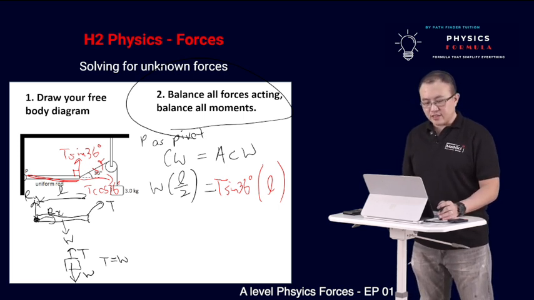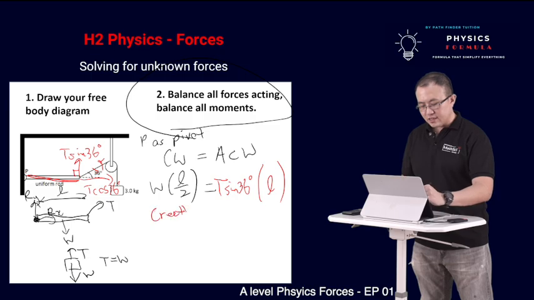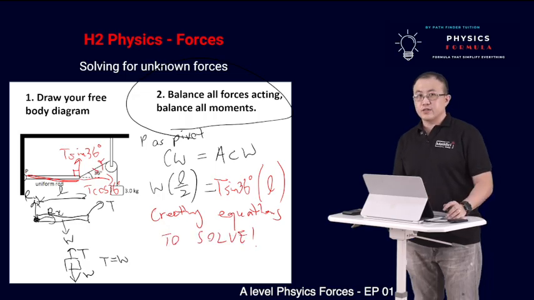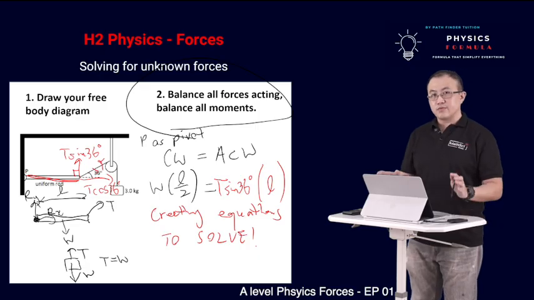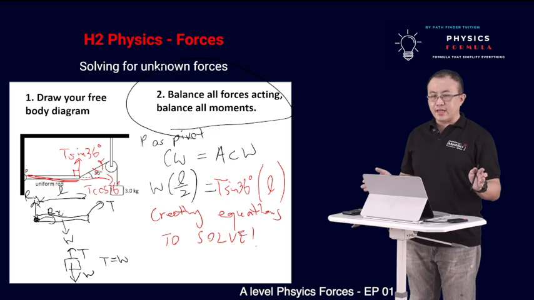Okay, so this is actually how to balance the moment. So we talk about the balancing of force and balancing of moment, and these are just creating equations to solve. Solve for what? Solve for the things that you want to find. So if this thing is in equilibrium, the forces all add up together should be balanced.